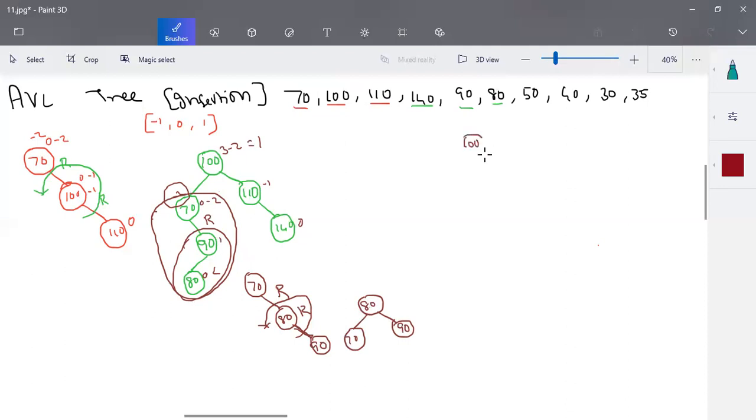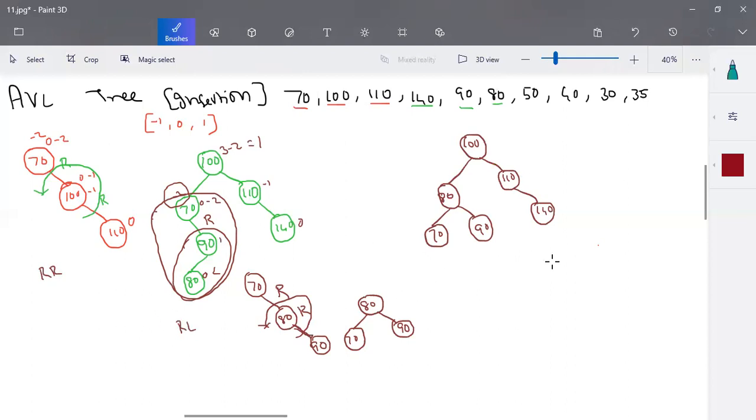So this 100, 110, 140 will remain as it is. And this branch is modified as 80, 70, and 90. Right? So we performed a rotation, RL rotation. So first we perform RR rotation, and here we perform RL rotation here.